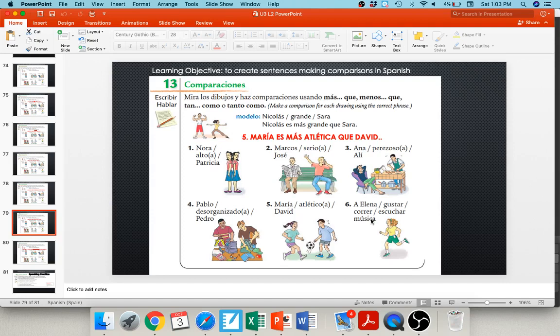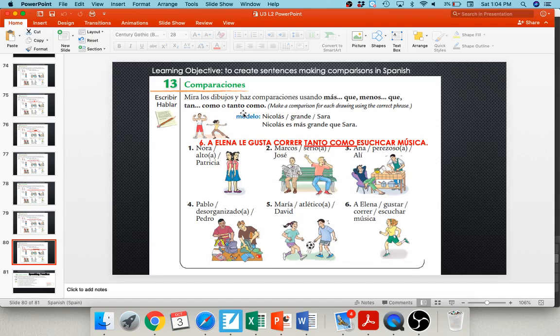So in this case, we're using the tanto como because there's nothing in between. There's no adjective. There's no nice, funny, tall in between. We're just saying that she likes to run as much as she likes to listen to music. So your sentence should be, a Elena, don't forget your a Elena le gusta correr, she likes to run, tanto como, as much as, escuchar música.